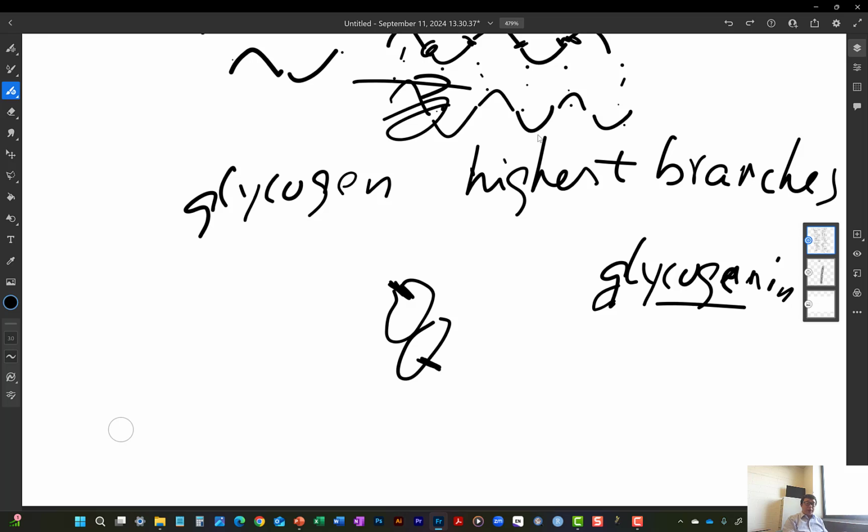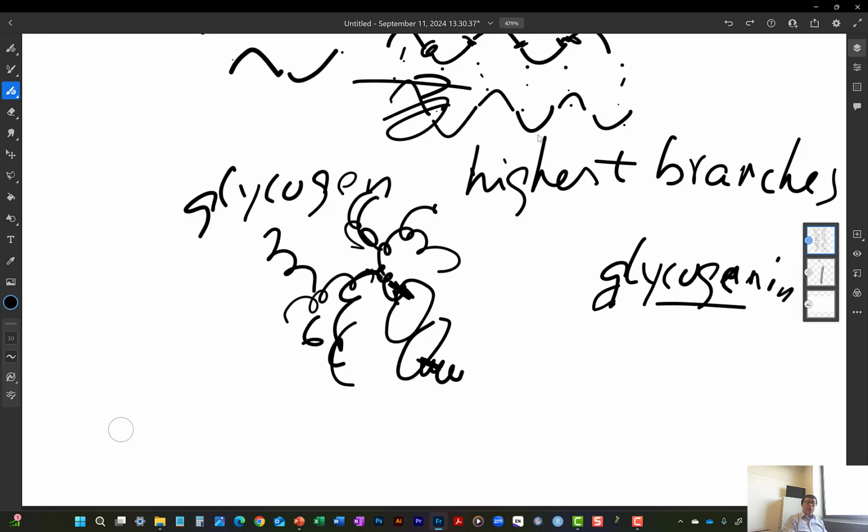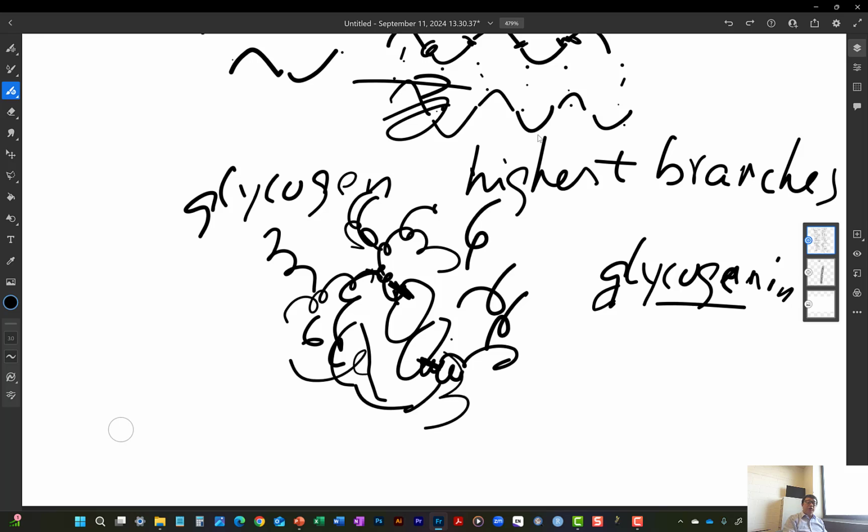It's again the same as starch, but different from starch in that it has way more branches than the starch. Eventually, it forms a kind of spheroid surrounding the protein core, and this is the glycogen in our body.